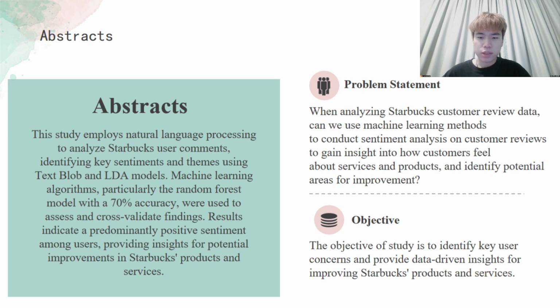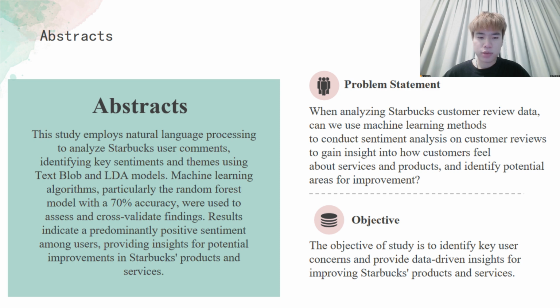Therefore, this study uses natural language processing to analyze Starbucks user reviews using TextBlob and LDA models to identify key emotions and themes. Machine learning algorithms, particularly a random forest model with 17% accuracy, were used to evaluate and cross-validate the findings.